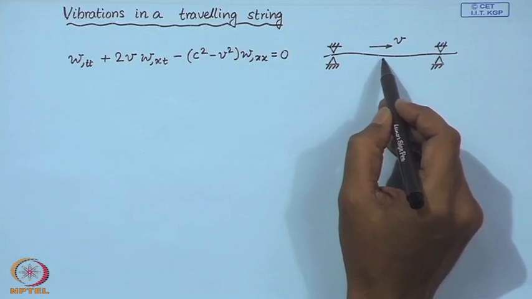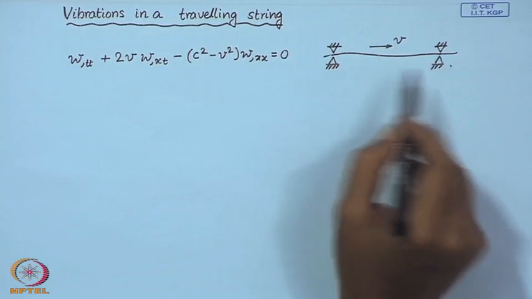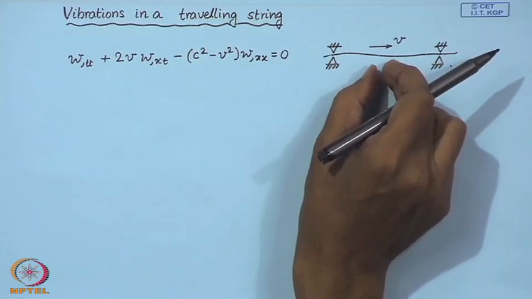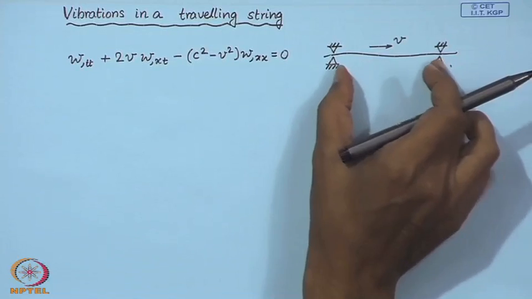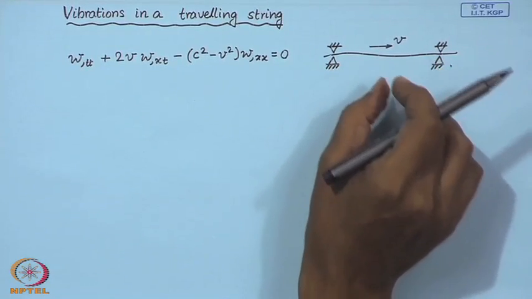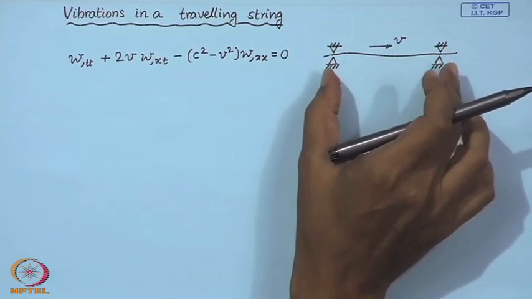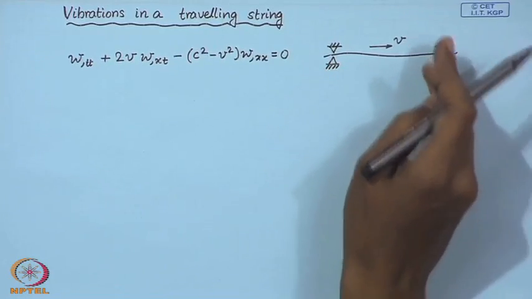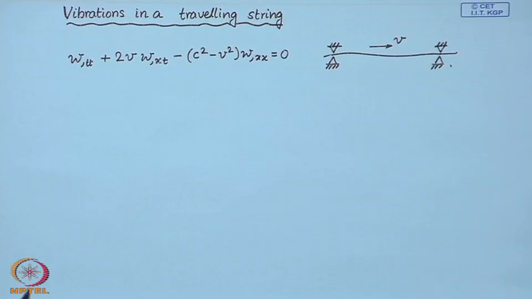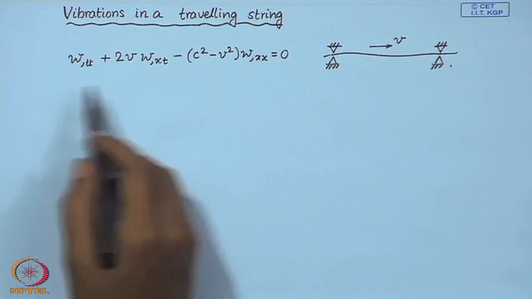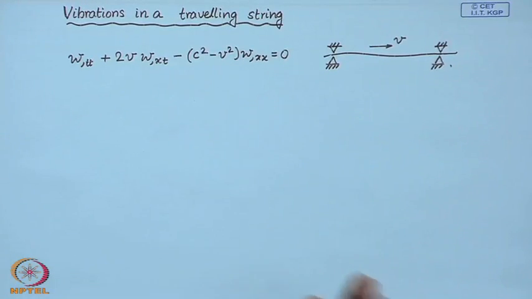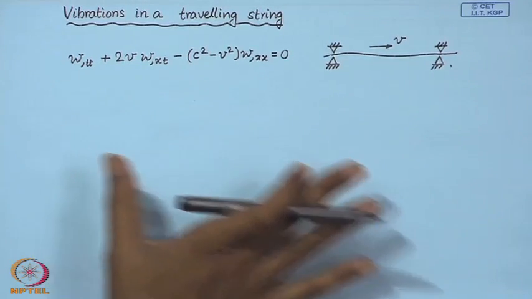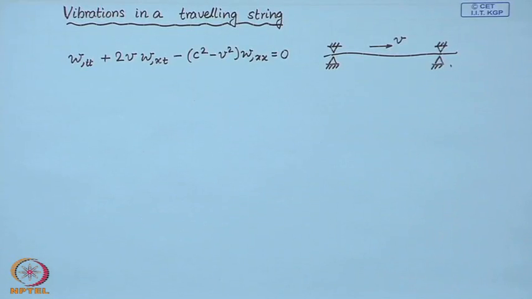Which means that even if I have a disturbance in a finite traveling string, we are going to look at transient solutions. That means, when this disturbance has not reached the boundary. So, initially we are going to look at solutions which do not interact with any boundary. Later on we will see what happens when there is a boundary and there is an interaction. So, to begin with, we do not have boundary conditions. If you consider an infinite traveling string, then we do not have boundary conditions.